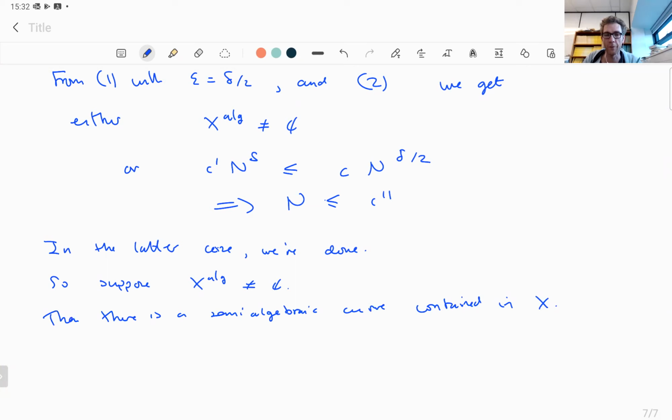But when we change the real coordinates, we still preserve being a semi-algebraic curve. So the fact that there's a semi-algebraic curve contained in X means that there's a semi-algebraic curve contained in pi inverse of V.